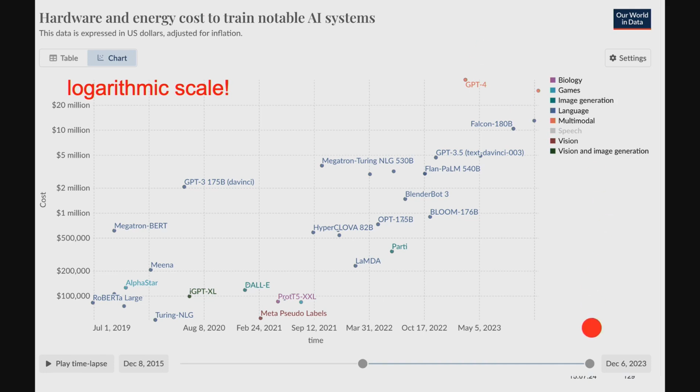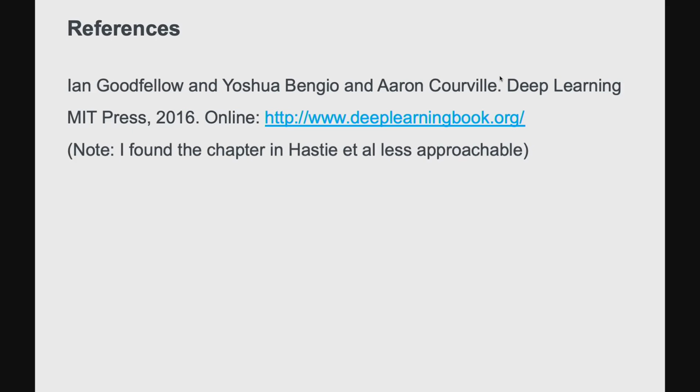This is a more recent version from last December, and the cost is estimated here, on a logarithmic scale, at maybe $40 million for a single training run or so. So probably it's already 1 or 2 orders of magnitude more in the meanwhile.